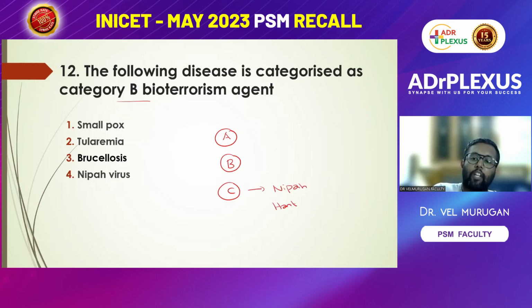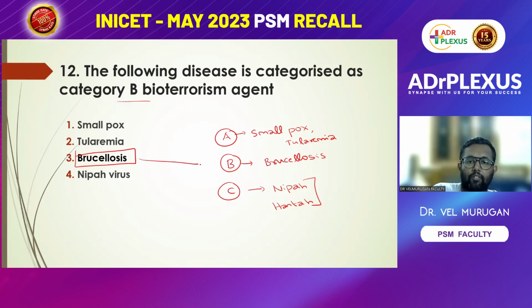Category A stands for very severe diseases that can cause lethal effects, such as smallpox and tularemia. Below that, somewhat less severe compared to category A, is brucellosis. So brucellosis comes under category B.